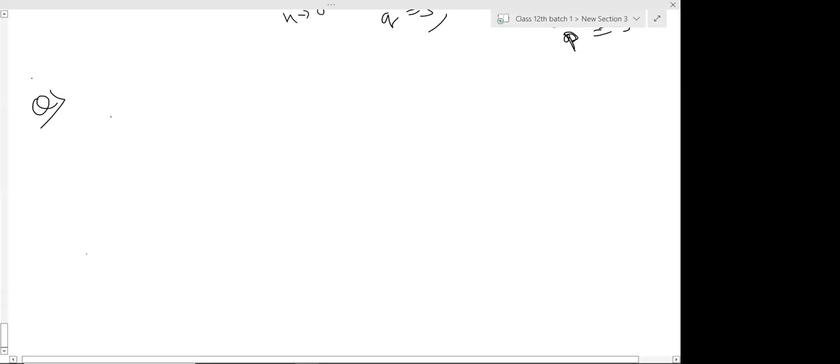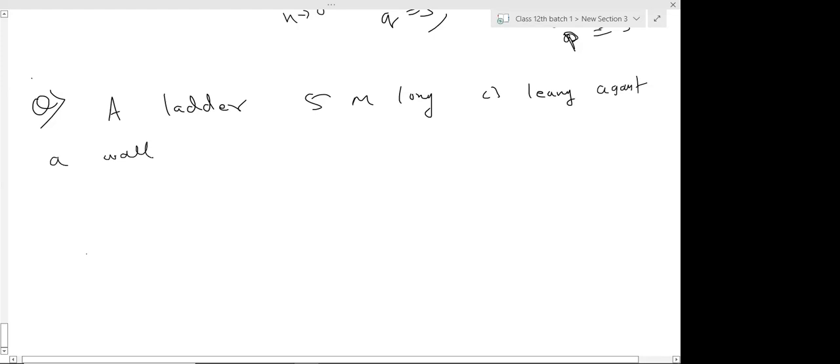All right, so next question on this. A ladder 5 meter long is leaning against a wall.